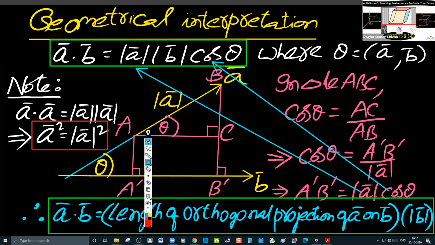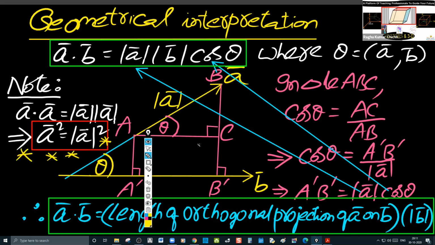So this is the most important point, and if you ask me to give a star rating, I'll give 5 stars to this one: A bar square is equal to mod A bar square. That much important it is in solving the problems.